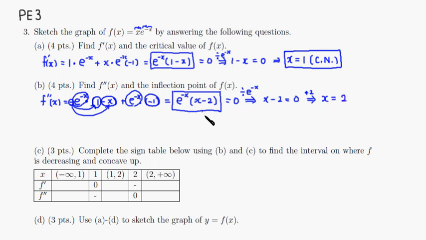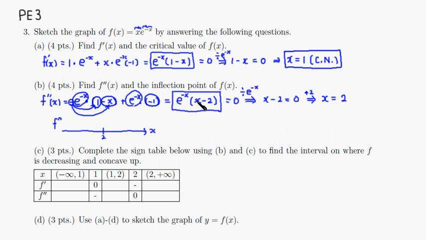Let's make sure that at x equals 2 there's a concavity change. We're going to do a number line, x, and here is 2. Then let's look at the sign of f double prime. Let's try something smaller than 2, say x equals 1.